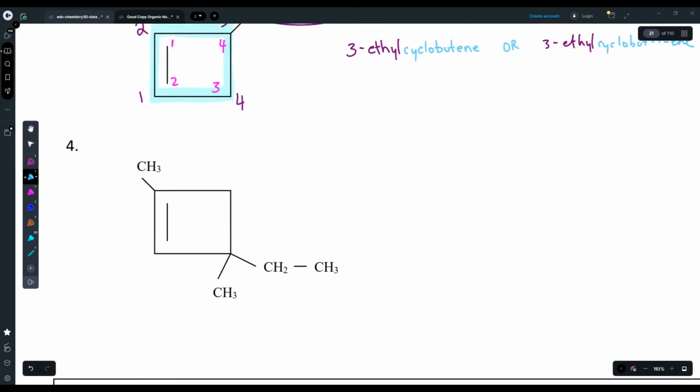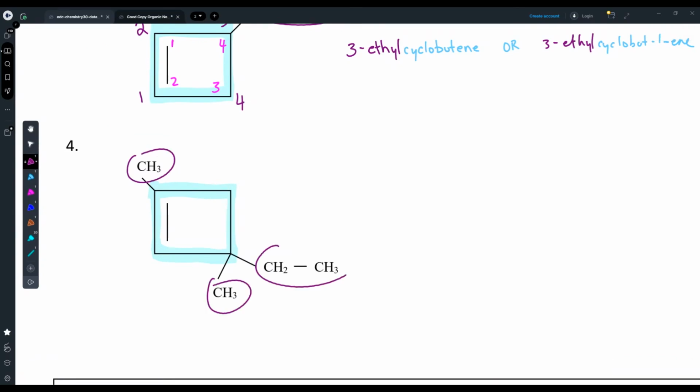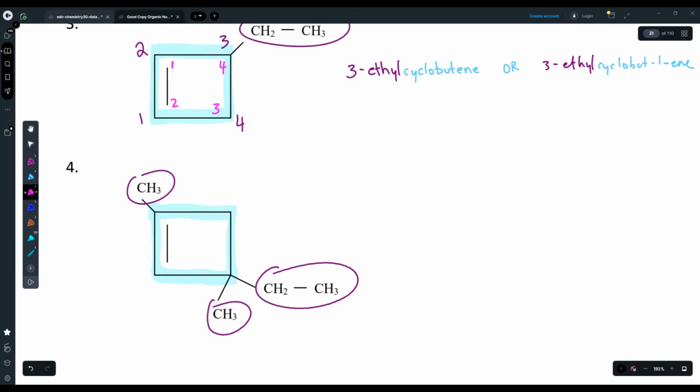With this next example here, highlighting the parent chain, my branches are here, here, and here. Remember that you need to be listing your branches alphabetically.